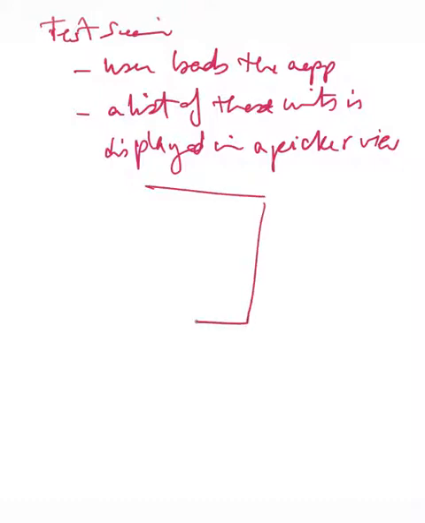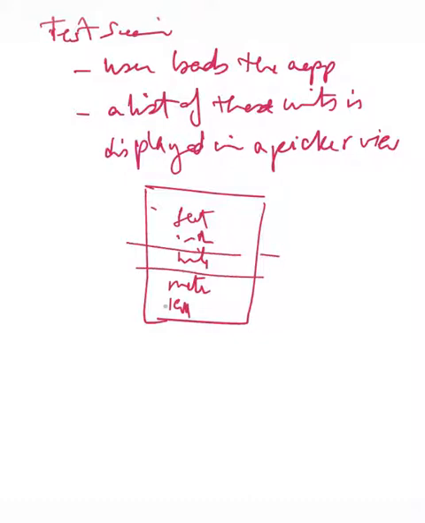It will be something like this. The user will see feet, inch, mile, meter, and kilometer, and the picker view has this selector thing, and the user can scroll up and down. That's what we want to see in the app to tell us that the scope has been accomplished.